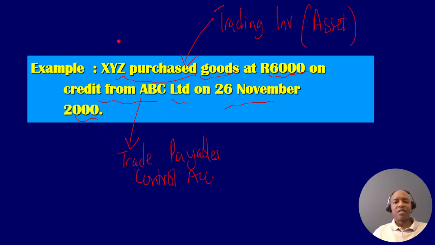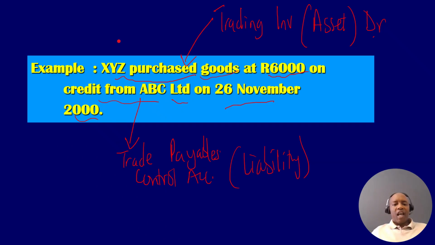And from the previous slide, we saw that assets increase on the debit side. Okay. Then trade payables control is a liability. And from what we saw, liabilities increase on the credit side. Okay. So now that we know we are increasing our trading inventory, since we are bringing more inventory, we're going to debit this.